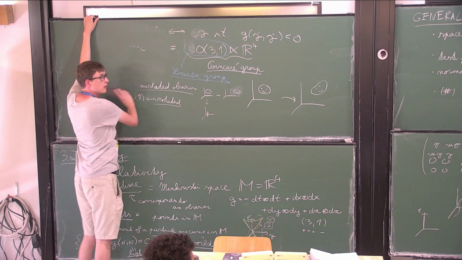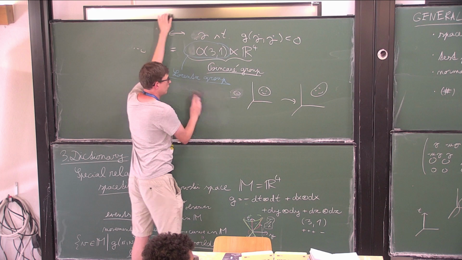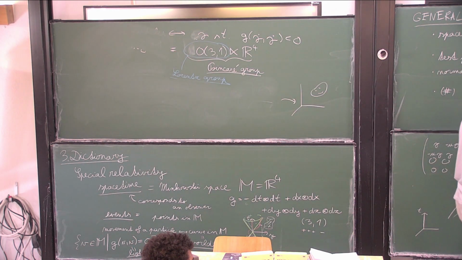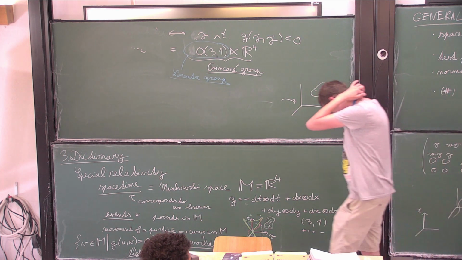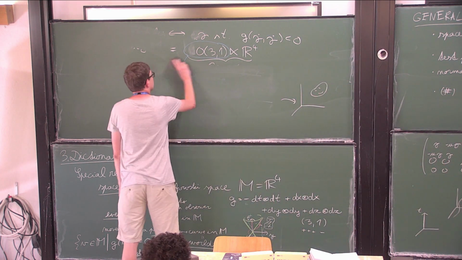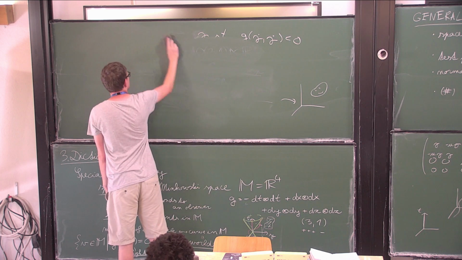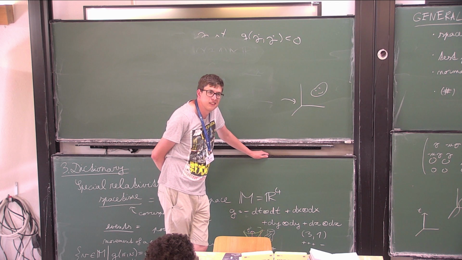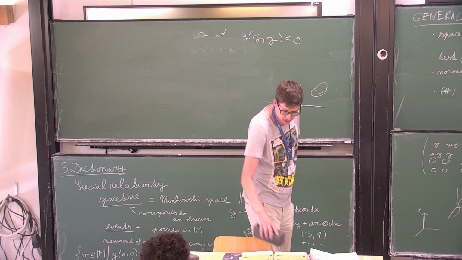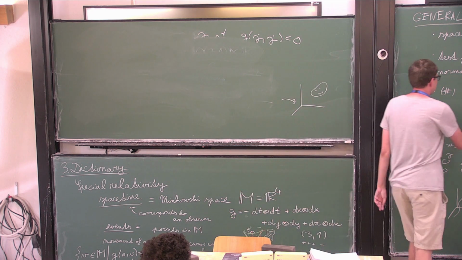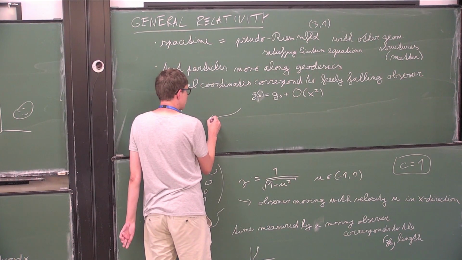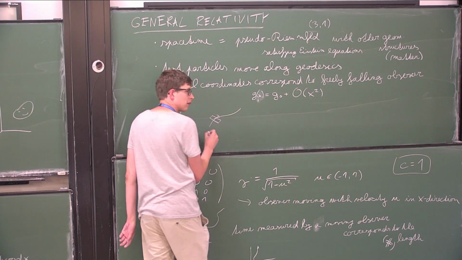So you said how time can be measured by a moving observer, so how is space measured by a moving observer? Good question. How does this go? I guess if you're falling down, then at each point it makes sense to consider a plane that's perpendicular to your movement.